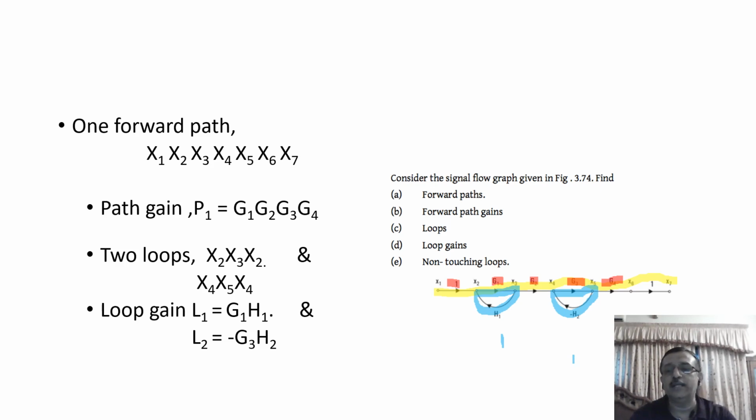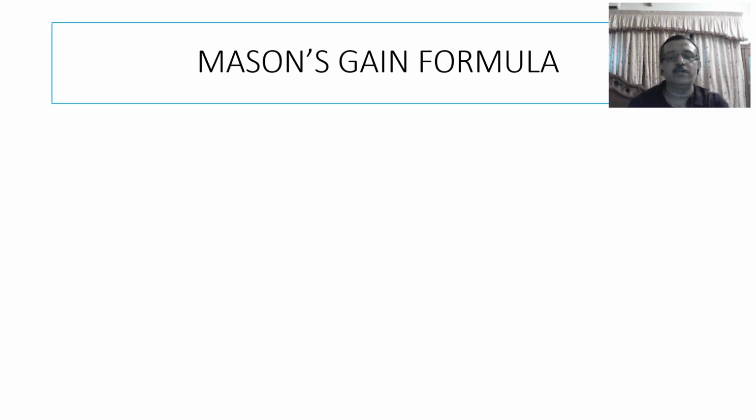You note here it is minus. So we have only summers. So if you want to get the difference of signal, we will put a minus along the transmittance. So there are 2 loops and 2 loop gains. How many non-touching loops are there? This loop 1 and loop 2 are non-touching. So that is an easy question.